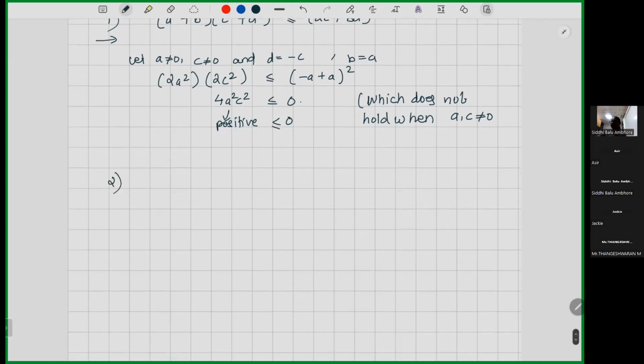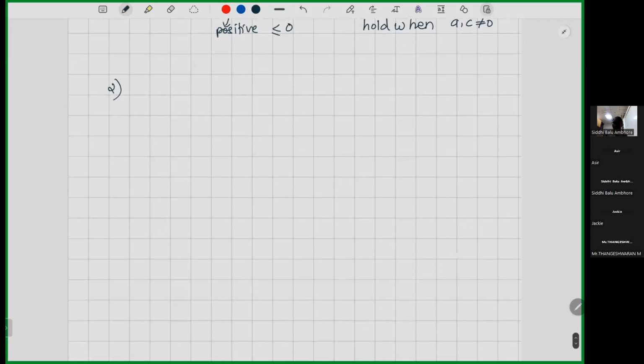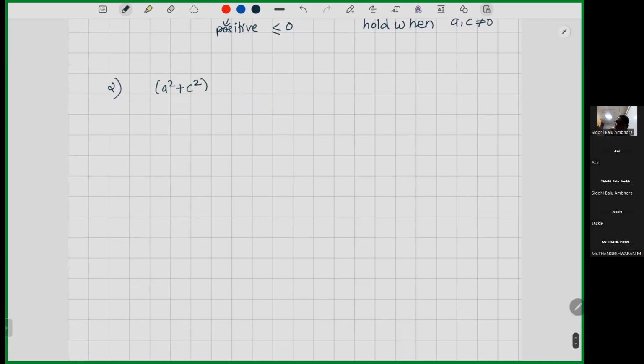So now the second one. Any doubts? A square plus B square, times C square plus D square, is greater than or equal to AC plus BD whole square. Is this always true?